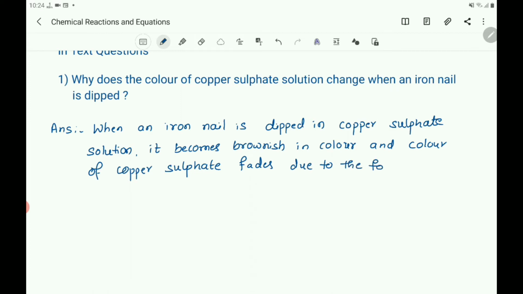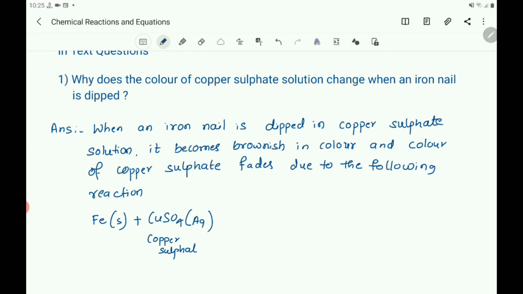The reaction is iron, that is in the form of nail here, reacts with CuSO4, copper sulfate solution, that is an aqueous solution, that is solution in water, so you write aq.